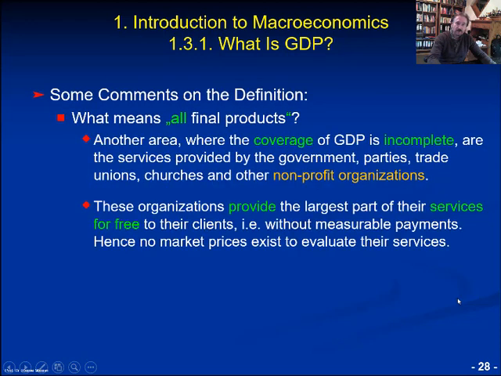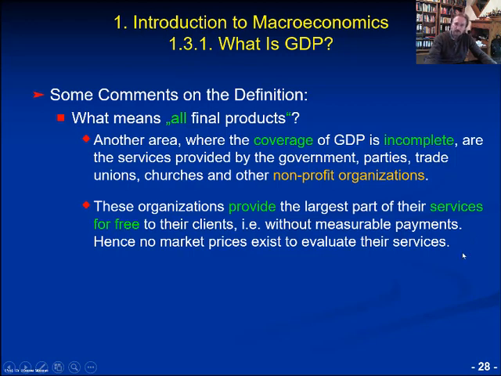A further area where the coverage of GDP is incomplete are services provided by governments, political parties, trade unions, churches, and other non-profit organizations. These organizations provide the largest part of their services for free to their clients, which means without measurable payments.